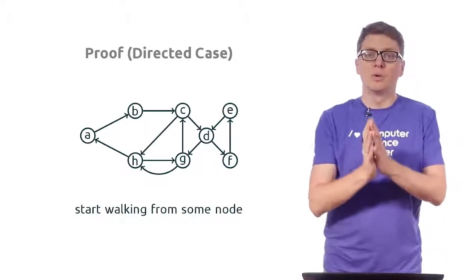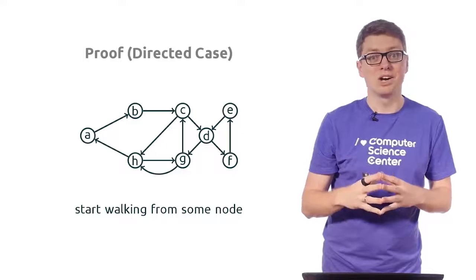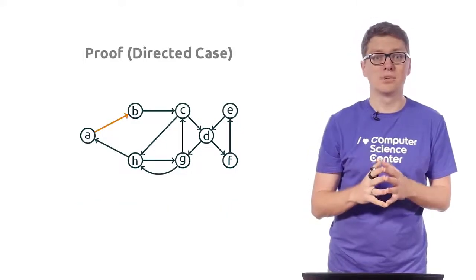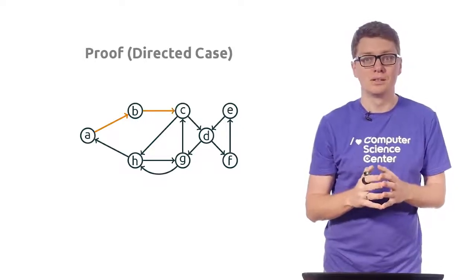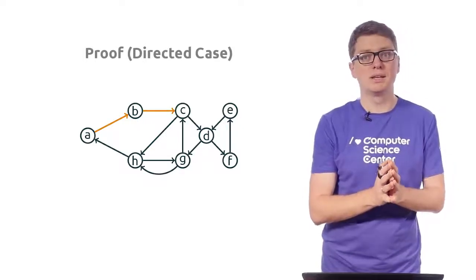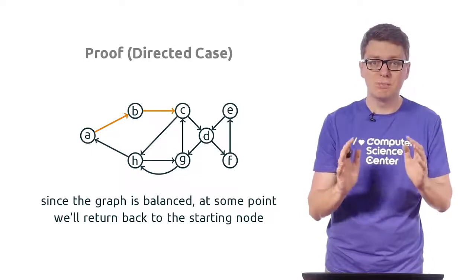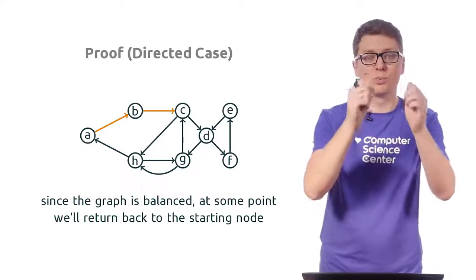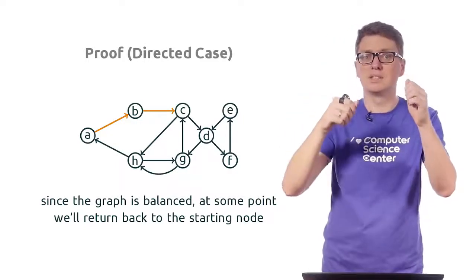Okay? What we're going to do is just go for a walk in this graph. Let's start walking from some node. In this case, let's start walking from A. So we walk from A to B, and then we walk from B to C. Since our graph is balanced, whenever we enter some node, we always have a possibility to leave this node.